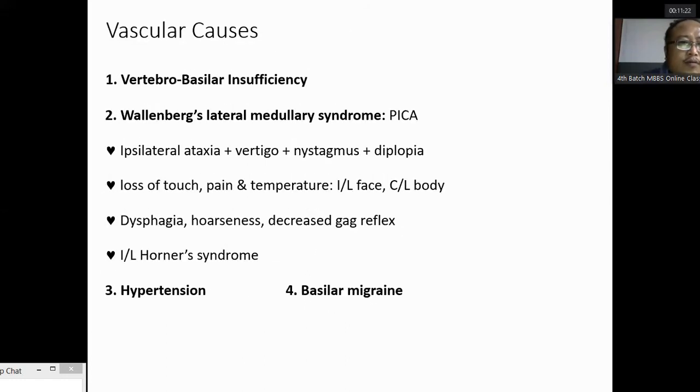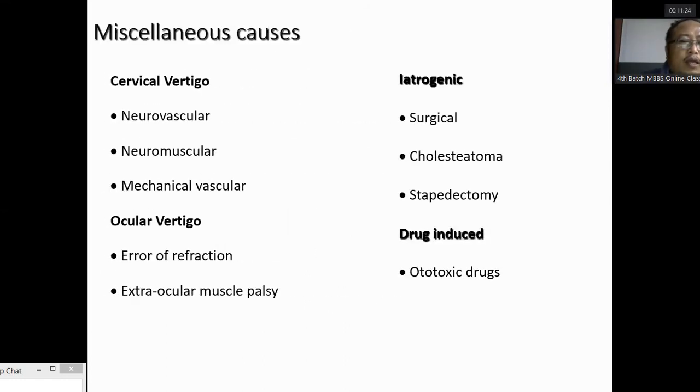Central causes we discussed. And there are a few miscellaneous causes regarding vertigo, but they are actually not true vertigo, though the majority of cases come with this dizziness. Like cervical vertigo due to cervical spondylosis, errors of refraction, ototoxic drug-related, and iatrogenic causes due to surgical issues like stapes surgery, the patient may come with different types of dizziness.